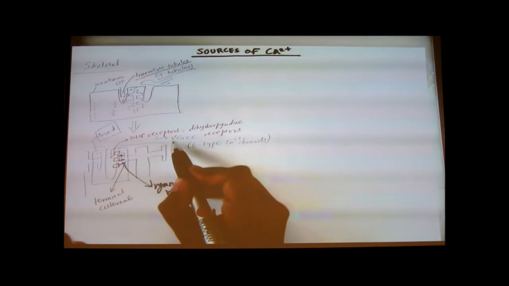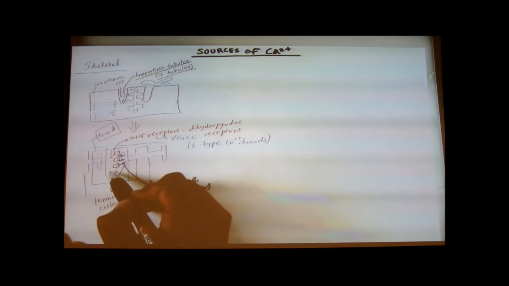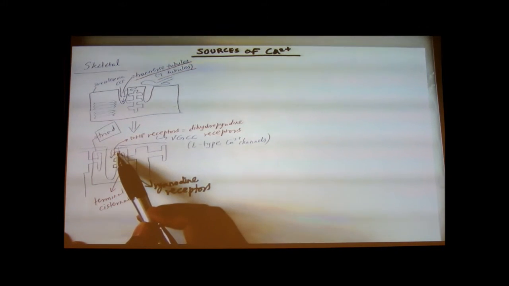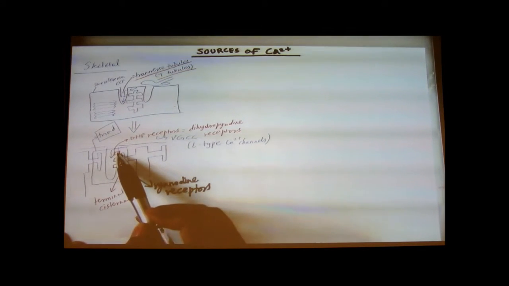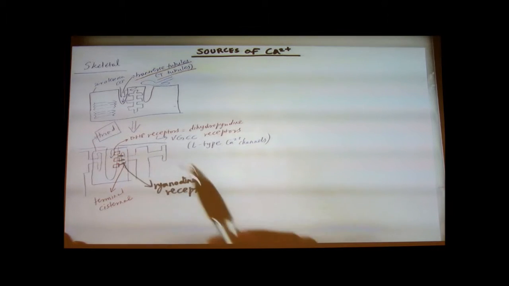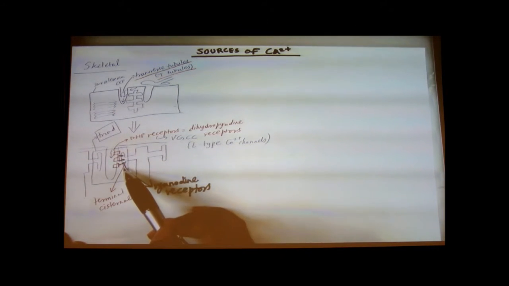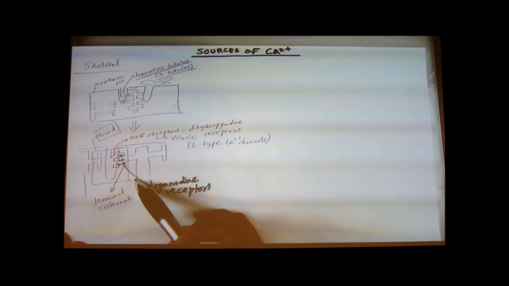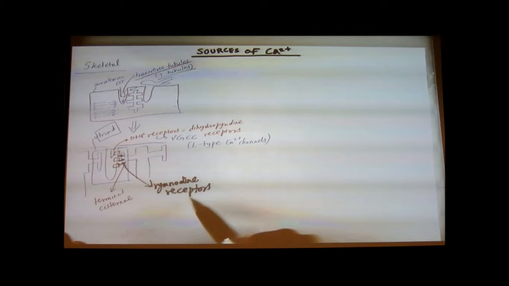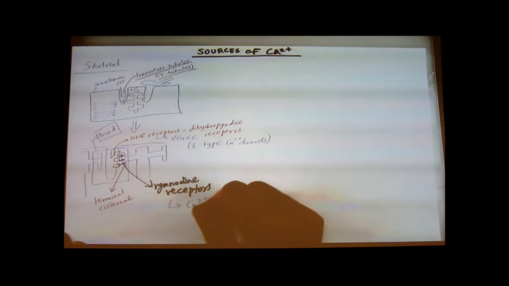So since they're voltage gated, it's important that the action potential travels down the transverse tubules, opens these DHP receptors, and changes the conformation of the channels that have mechanical, physical connection with these ryanodine receptors on the terminal cisternae of the sarcoplasmic reticulum, and in turn opens these ryanodine receptors, which are also another type of calcium channels.